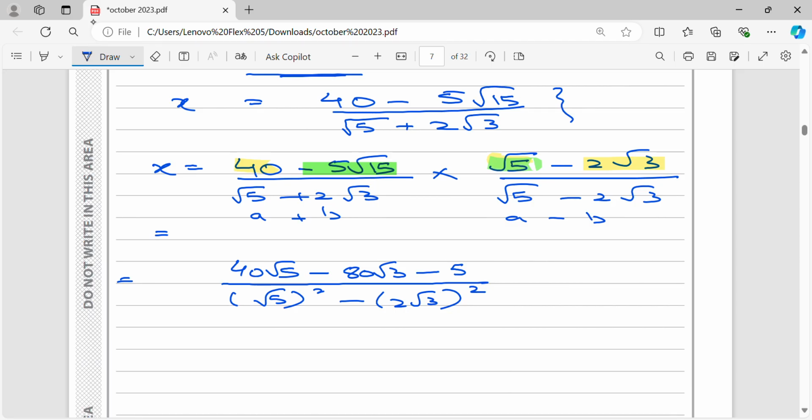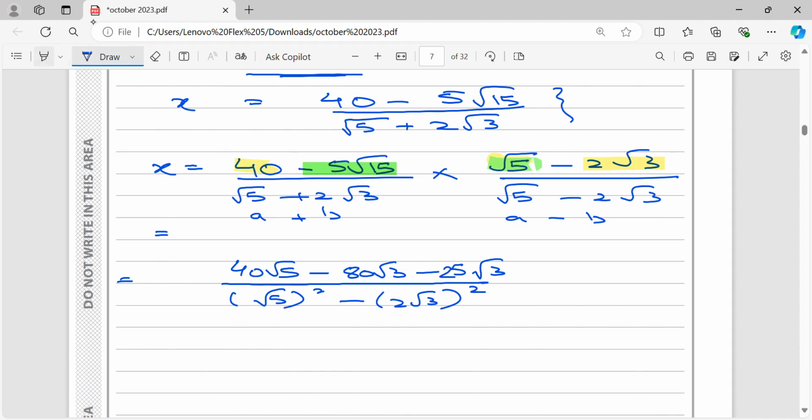So minus 5 times 5 root 3, root 15 times root 5 is 5 root 3. So here I have minus 25 root 3.